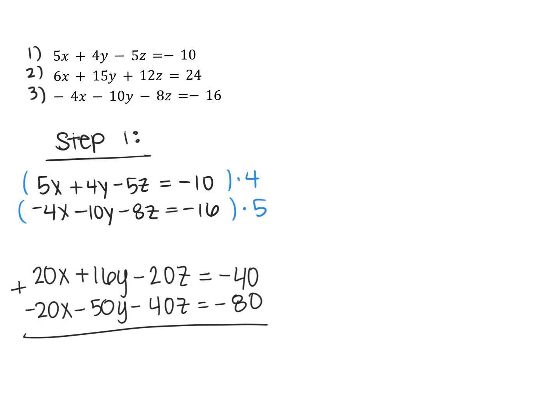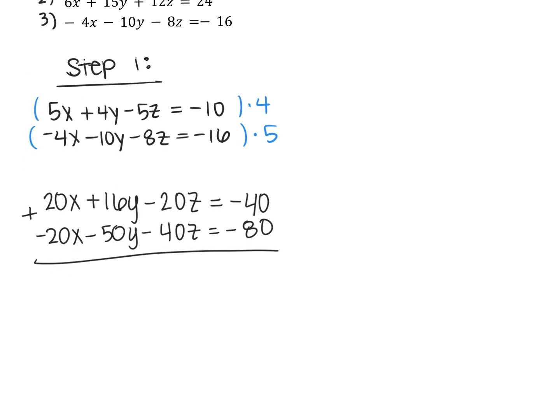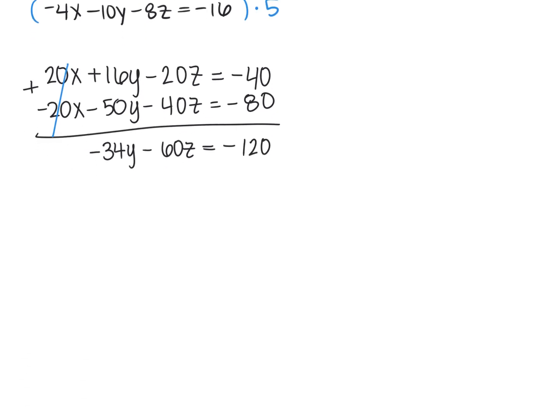When we add our equations together, the x's are going to cancel, and we'll have negative 34y minus 60z equals negative 120. So when it comes to eliminating x a second time, I haven't used the second equation yet, which means I'm going to have to use that.